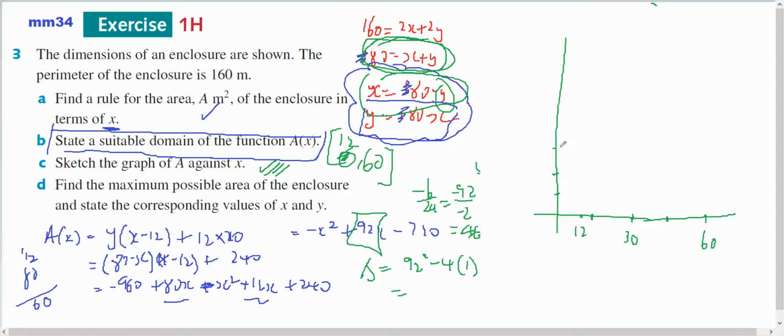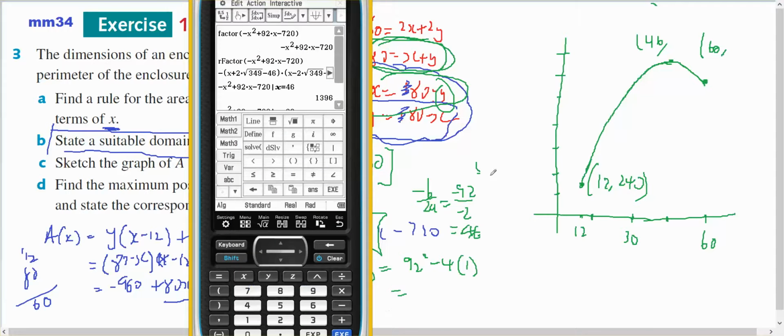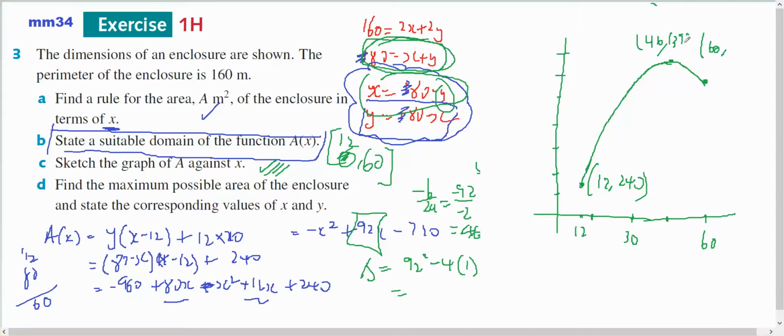So 60 and 1200, 46 and 1396, 12 and 240. Can't remember the numbers. 1396. 1200. So there's my graph.